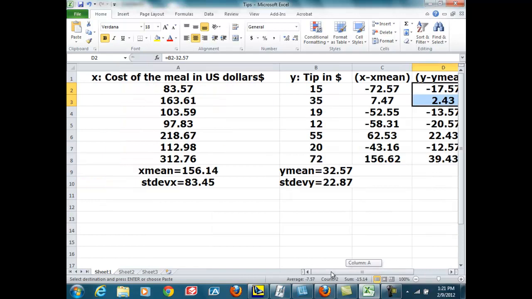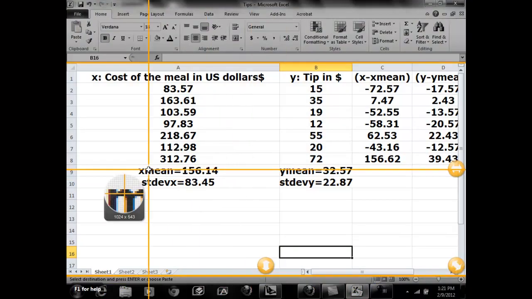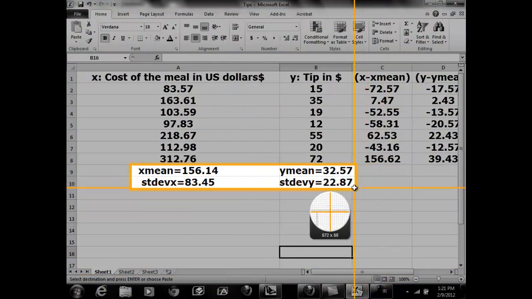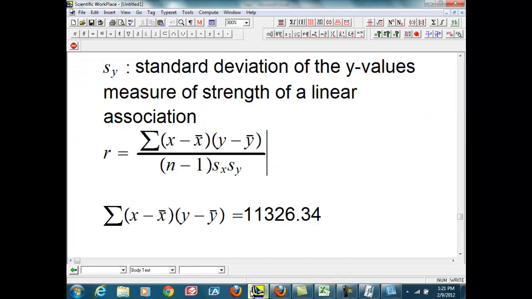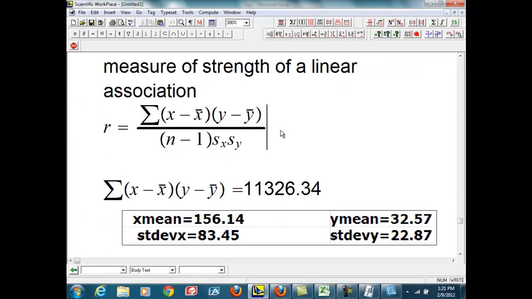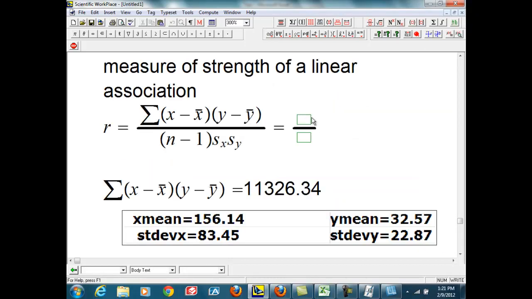So let me take these values up there so that I'm not switching back and forth. Good. So here we have the sum equals how much? 11,326 point how much? 34, right?